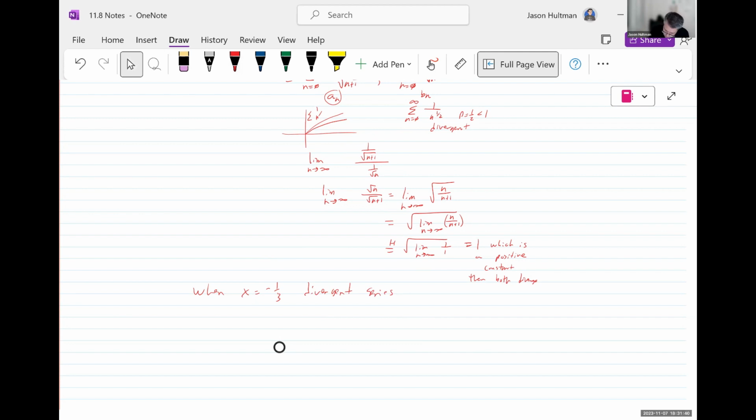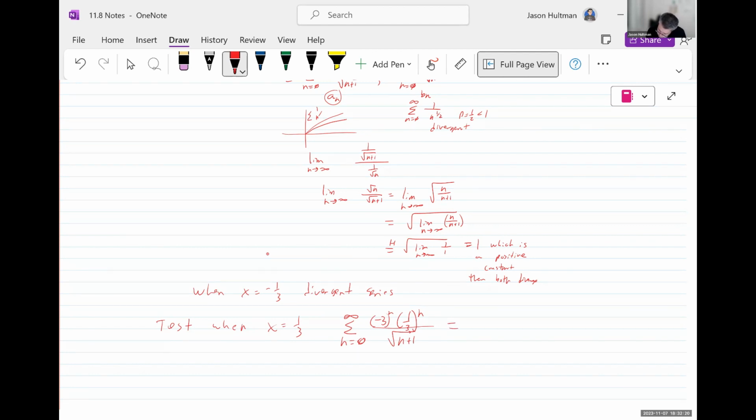So now let's test when x equals 1/3. That one's a little bit easier because it turns out to be an alternating series. And so we have the sum from n equals 0 to infinity of negative 3 to the nth times 1/3 to the nth, all over the square root of n plus 1.